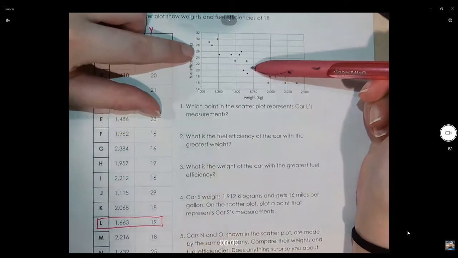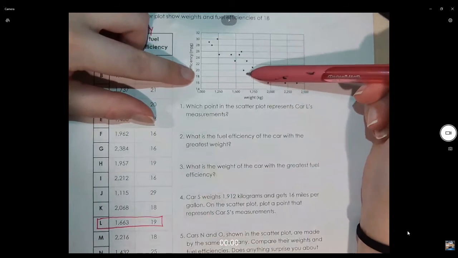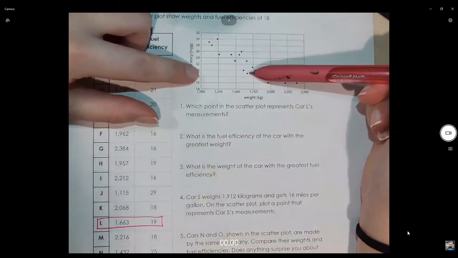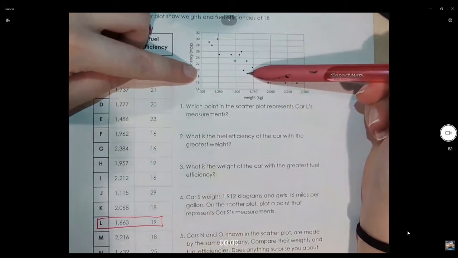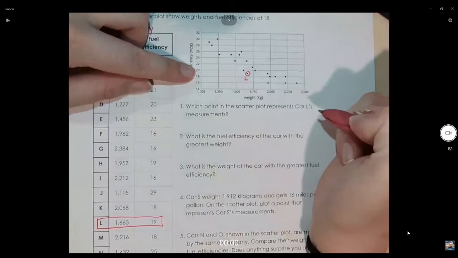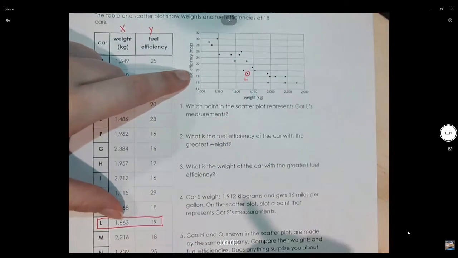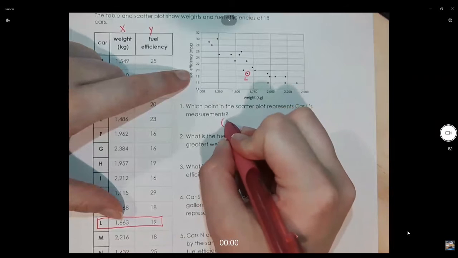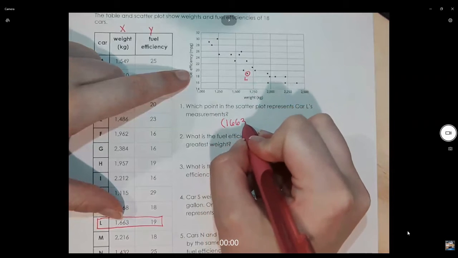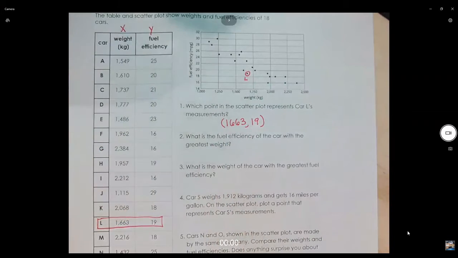You can see these are counting by twos, so since 20 and 18 are here, it's going to be right in between the 20 and 18. So it looks like it's going to be this point here. It's going to be representing car L. So those measurements for that point are going to be written as an ordered pair. Your X value is 1,663 and your Y value is 19. So that's how you'd write the ordered pair to represent that point.